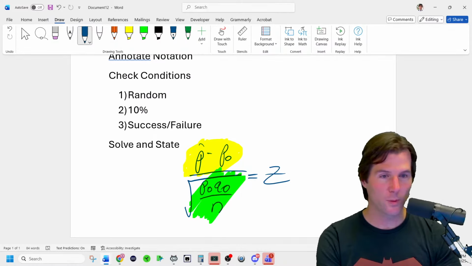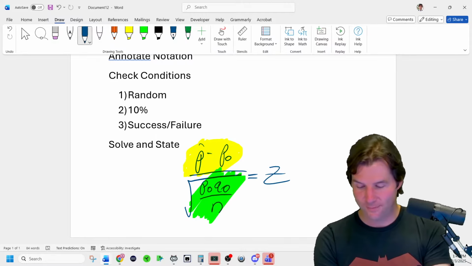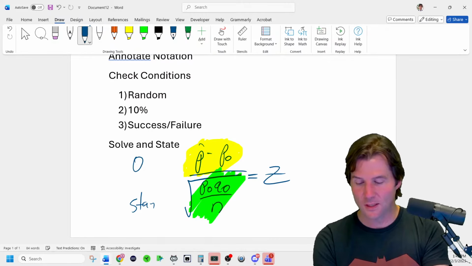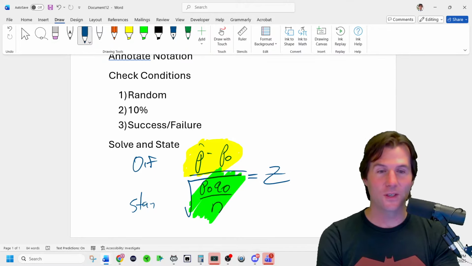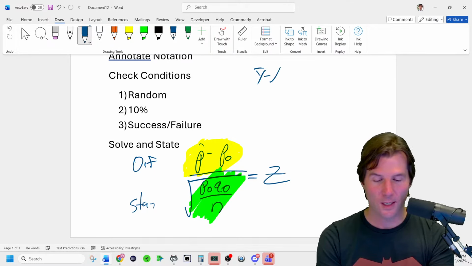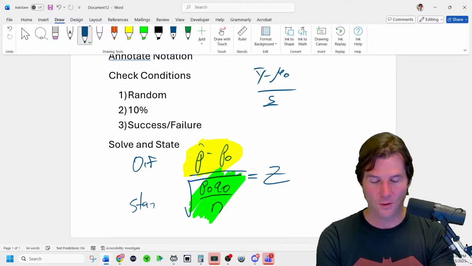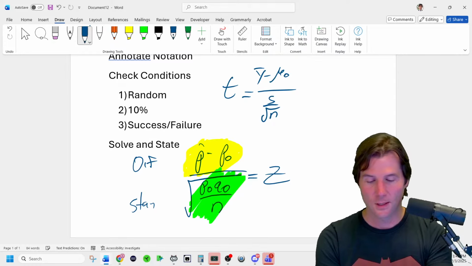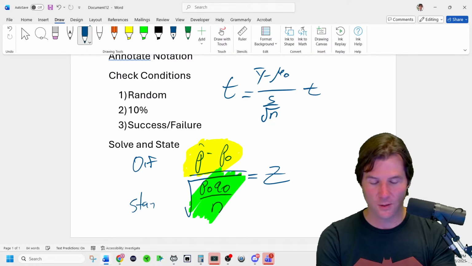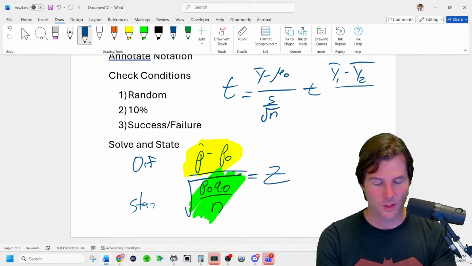And then I'm going to give you one more big theory thing which I haven't talked about nearly enough. It's standardizing. We standardize the difference. And you can see this at different standards. Y bar minus mu naught over s over square root of n, that's the T1. Or we have the other T1, which is y bar 1 minus y bar 2, just the difference between the sample means, over the square root of s sub 1 squared over n sub 1 plus s sub 2 squared over n sub 2.